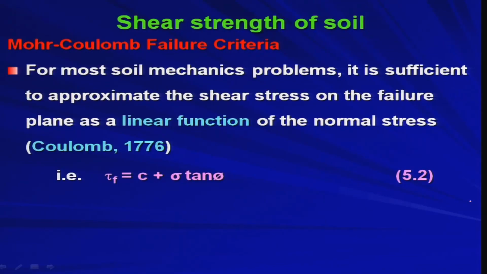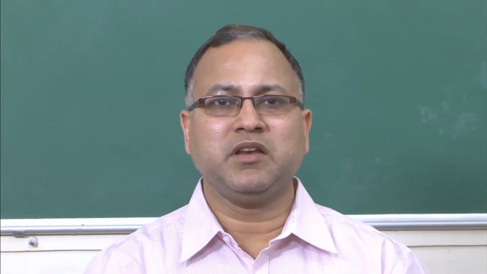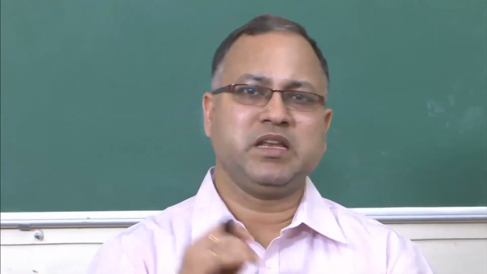This failure envelope, whatever you have got from equation 5.1, was giving me the curved failure envelope, right. But Coulomb in 1776 proposed that you can consider this function as a linear function, and it will not cause any difficulty or problem in understanding or predicting the behavior of soil.